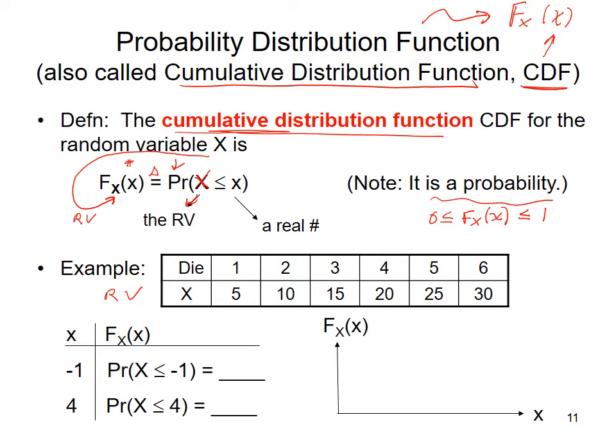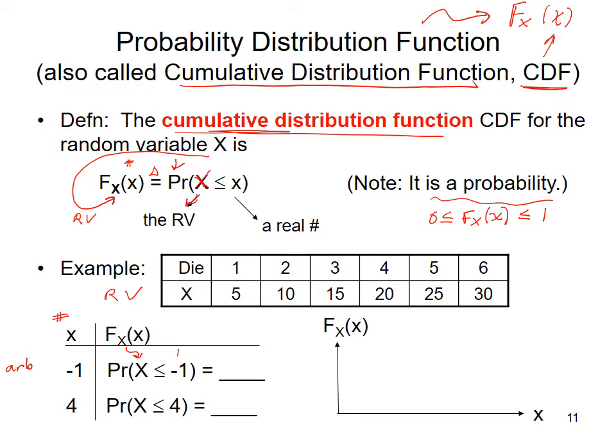So let's just see what F_X of x is for several numbers. So here's my column of some numbers, and I'm just going to fill in some arbitrary numbers here and fill in, for example, what F_X of x would be for those particular numbers. So the first thing is I've arbitrarily said, let me look at what happens when little x takes the value -1. So the question is then, what's the probability that the random variable capital X takes value less than or equal to -1?